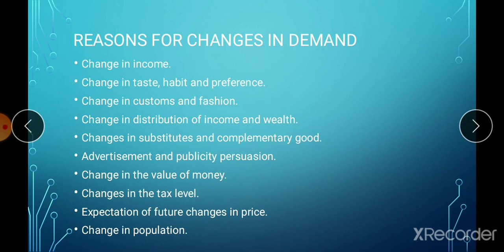So they buy more goods and services, so demand may increase. Vice versa, if a government increases the direct taxes, the holding of money will decrease among the people, so they buy less.